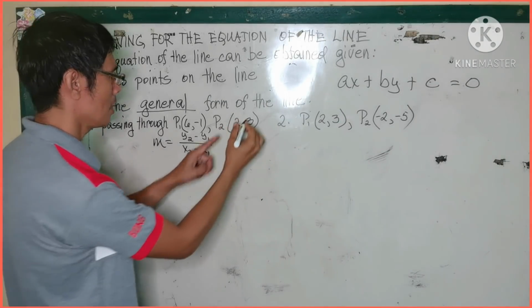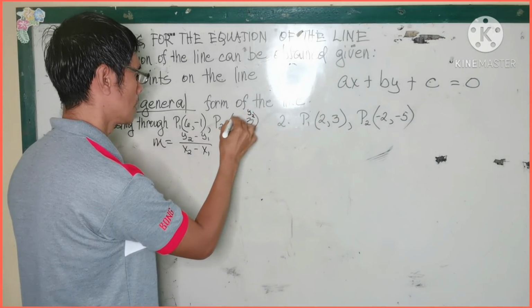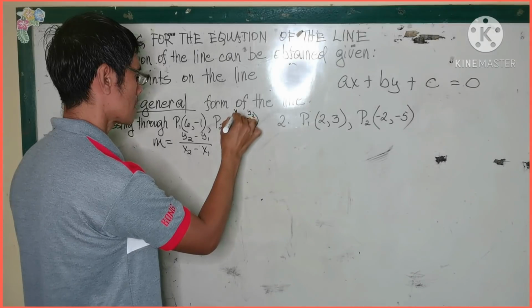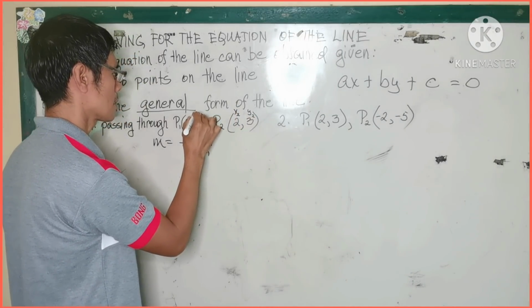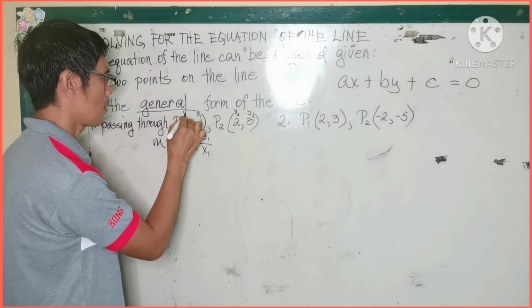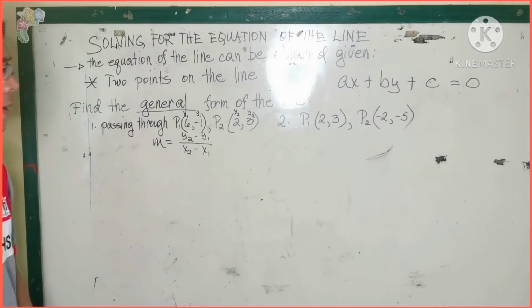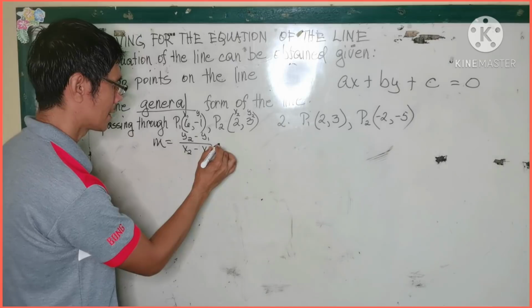So ibig sabihin, this is our y sub 2, this is x sub 2, and this negative 1 is y sub 1, and this 6 is our x sub 1. So mag-substitute lang tayo. Madali lang naman, ha?